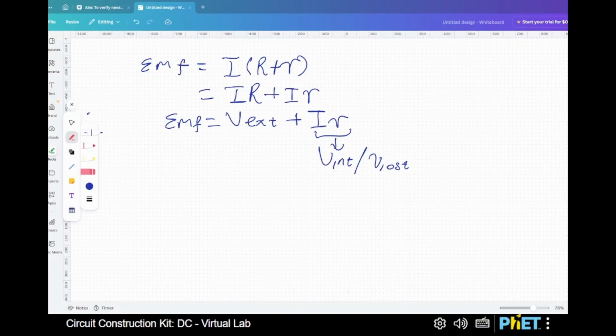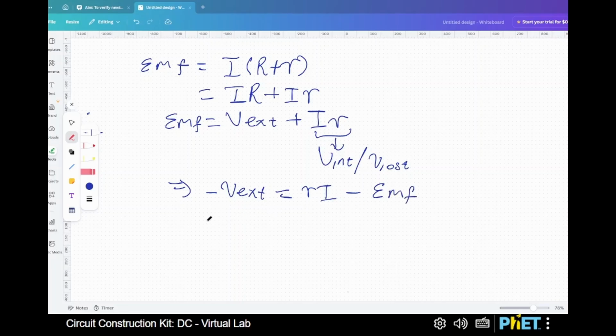Okay. So then we want to write our equation in the form of y is equal to mx plus c. So we'll have minus V external. It's equivalent to, I'm going to write, start with r, I. So I'm already thinking about the y is equal to mx plus c and the variables I want to determine.